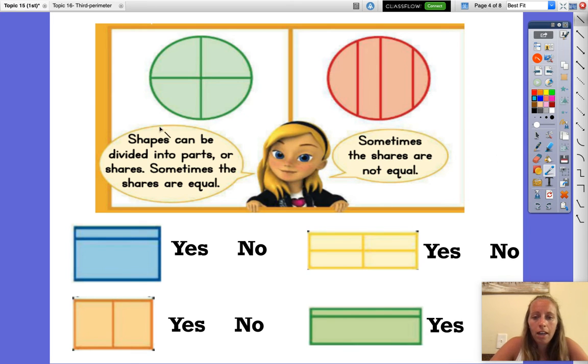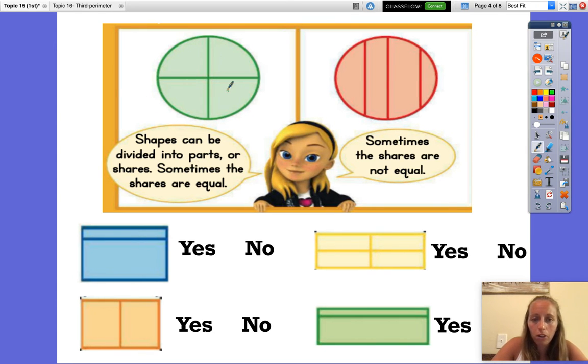So let's look at these circles. It says shapes can be divided into parts or shares. Sometimes the shares are equal. If you look at this circle up here, we have 1, 2, 3, 4 parts. They're all the same size, right? It's sharing with 4 different people, and they're all the same size. But then we come into this circle, and the shares are not equal because this part right here is really big, and this part isn't.